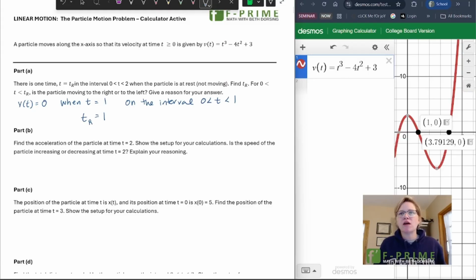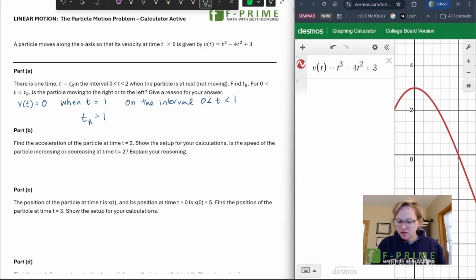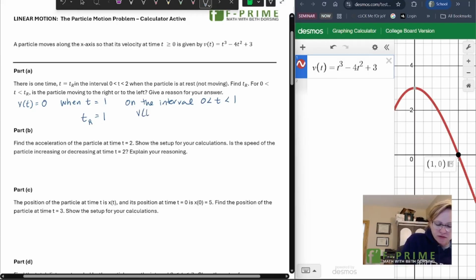So I'm going to go back to my graph, and I'm going to see that prior to 1, the graph of my velocity, so that would be this area right here, from 0 to 1, it is above the x-axis. And so when we're above the x-axis, that means our velocity is positive. So on the interval from 0 to 1, v of t is greater than 0. You can also just say it is positive.